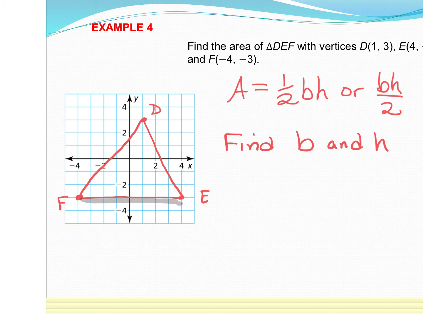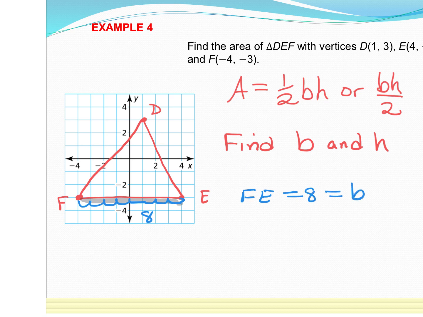Because it's a horizontal line, I can count the little squares. I'm also going to show you how we can subtract, but let's count it first, see what we're dealing with. So 1, 2, 3, 4, 5, 6, 7, 8. So FE, the length of that segment is 8, which is our base.